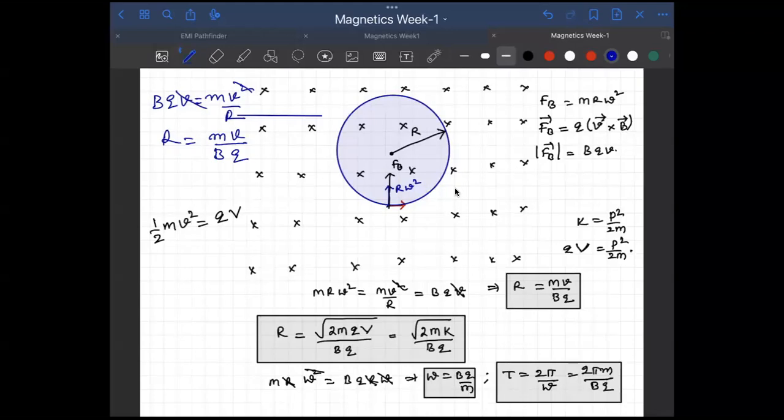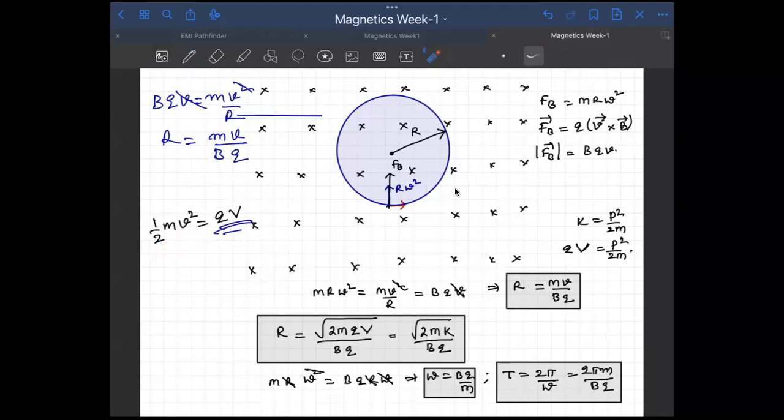Now, by the way, how does the charge get kinetic energy? You won't give an impulse, because this is not a material particle, it's a charge. So you will accelerate this through some potential difference, which was not shown in the figure. Somewhere you have accelerated it across some potential difference V. So the work done is q capital V. This gives the kinetic energy.